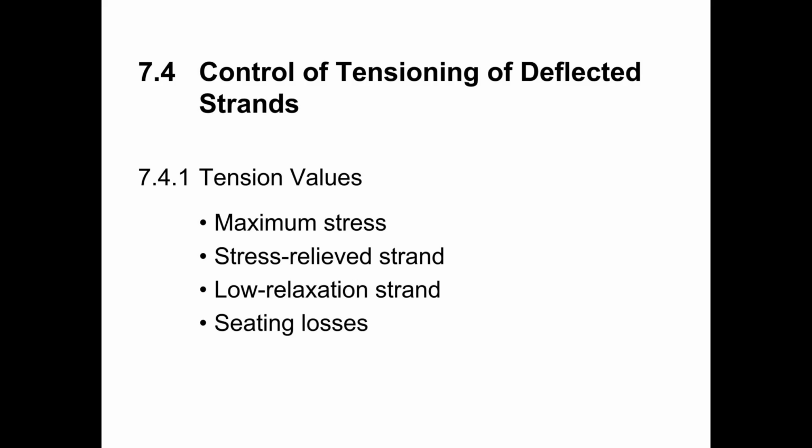So all of those different losses and the corrections that we employ to help offset those losses apply to draped strands just like they apply to straight strands. Now, to help keep things a little more simple in level 3, we're not going to go back over all of those corrections that have to be applied in tensioning calculations.